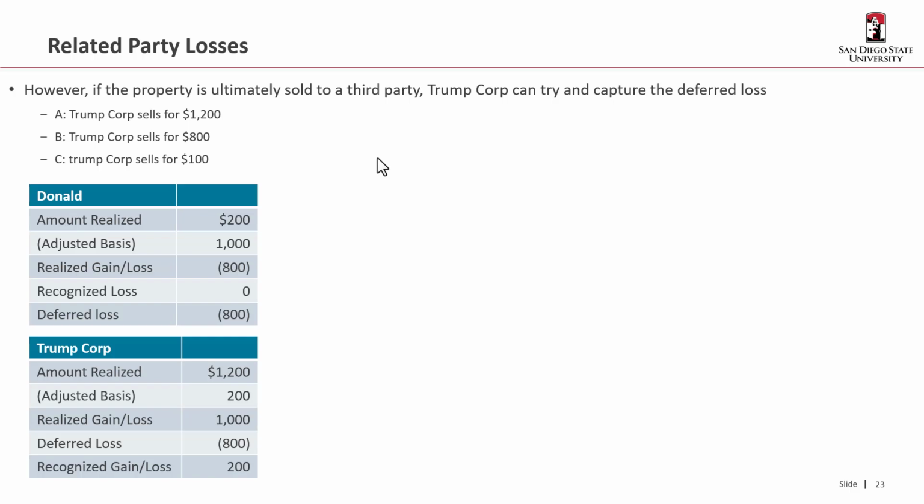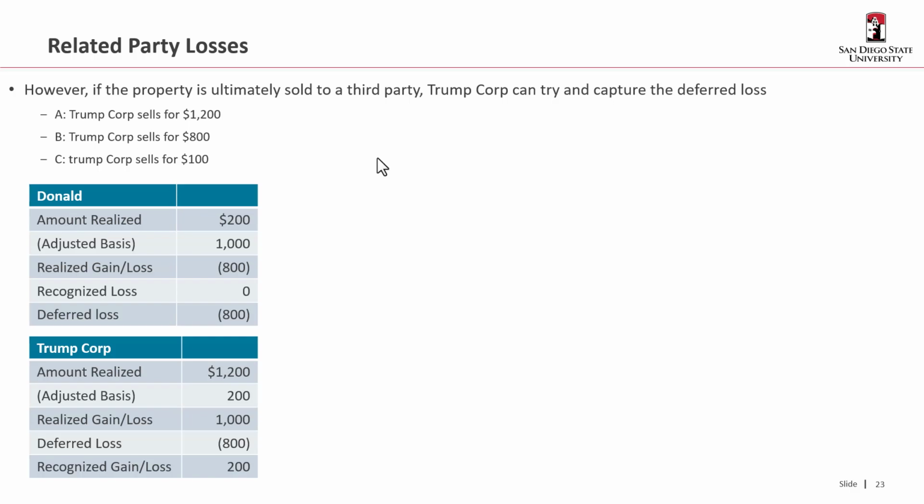Recall that's what they paid Donald for the stock. So they have a realized gain of $1,000. They're actually allowed to capture that related party loss of $800, and therefore they would only recognize a gain of $200. So in many respects, it's as if Donald sold it to the third party for that same $1,200. It just so happens the gain is going to be captured by Trump Corp.